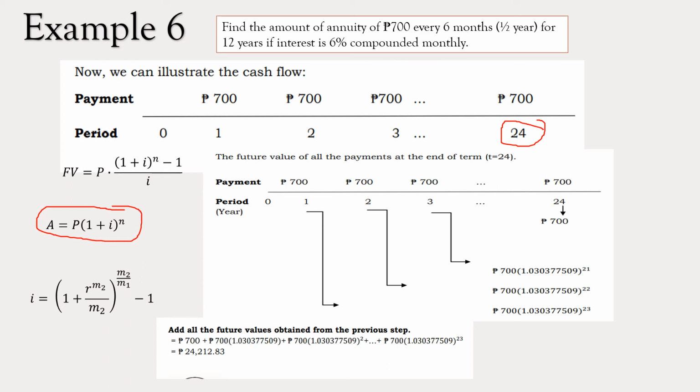Tapos yung 23 na yan, yun yung N minus 1. Kaya siya N-1 kasi yung ika-24th, hindi na siya kasali. Siya yung ika-N.